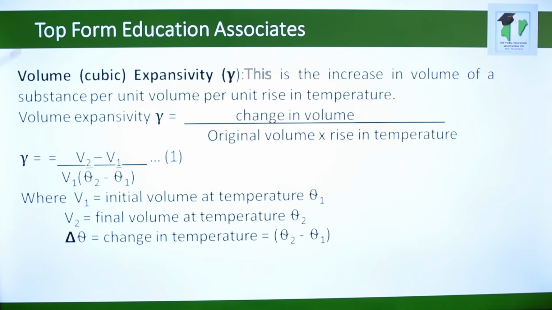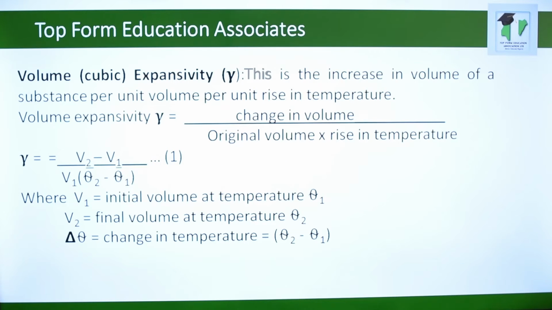The volume of this substance is increasing by 1 unit as a result of an increase in temperature by 1 unit. Are you getting it? So this is known as volume expansivity. It is given by the formula gamma is equal to change in volume over original volume times rise in temperature.